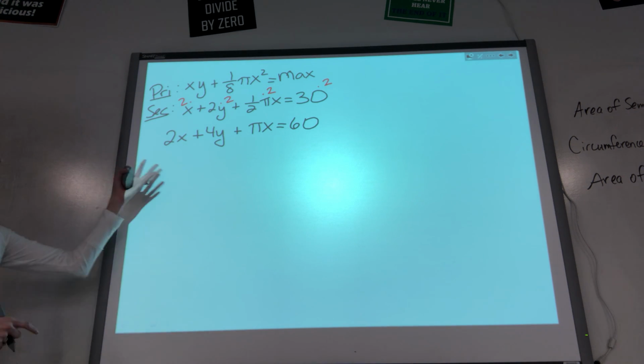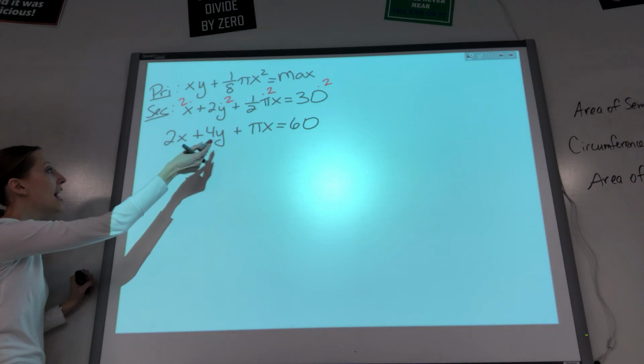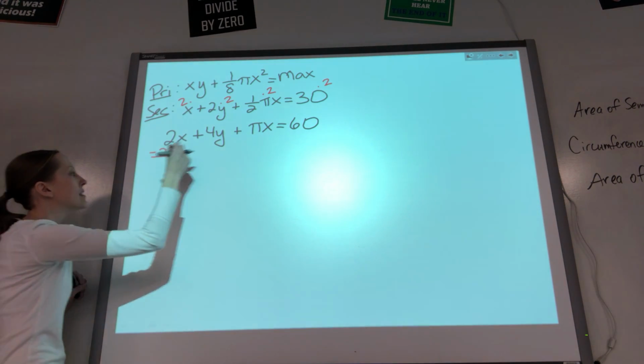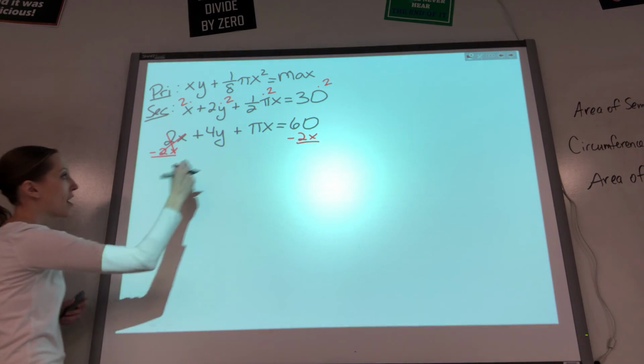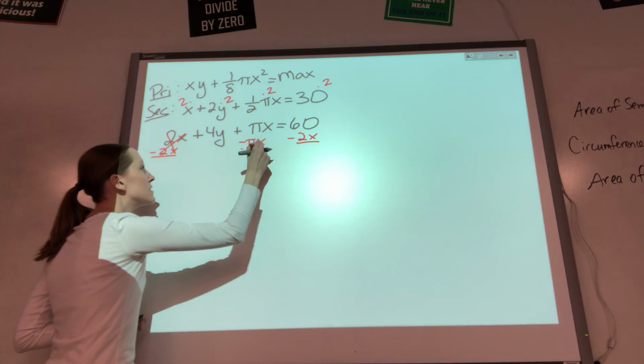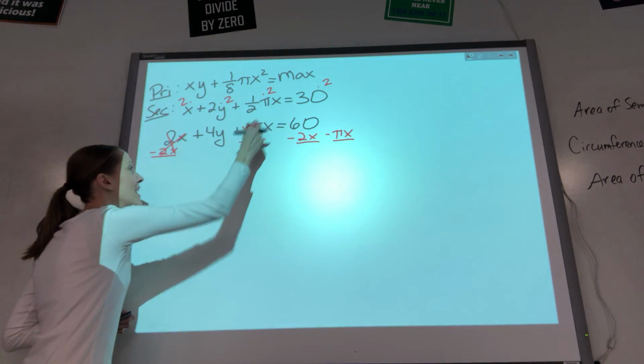Okie doke. And to stay consistent with what I did last week, I'm going to try to solve this for y. And that actually probably is the easier variable to solve for. So subtract 2x, subtract pi x.